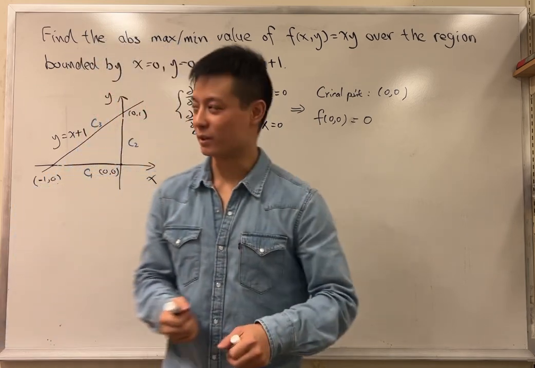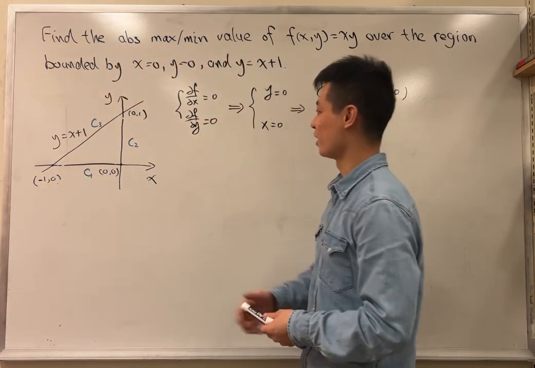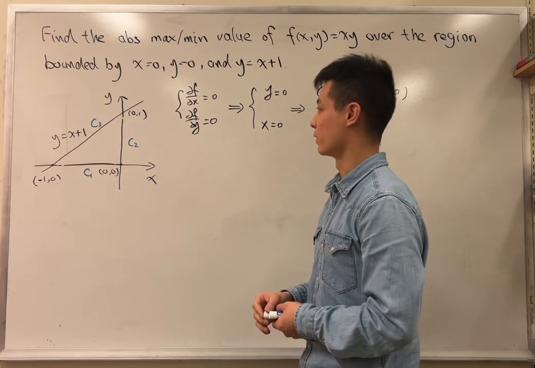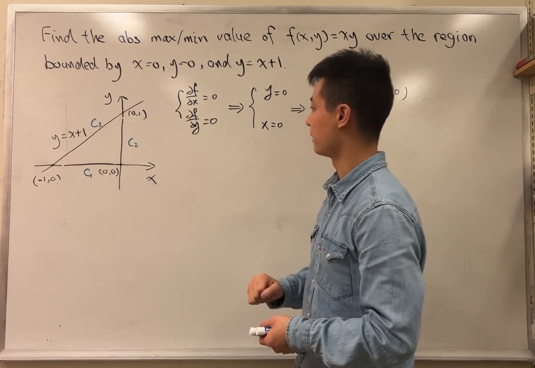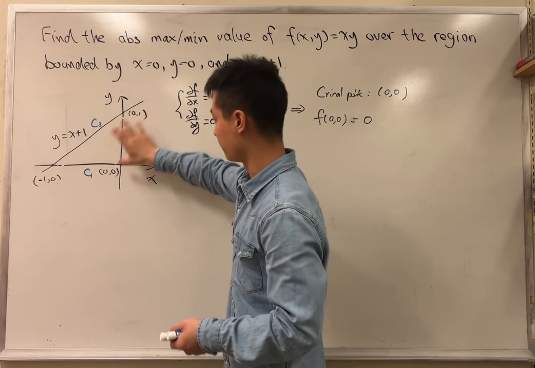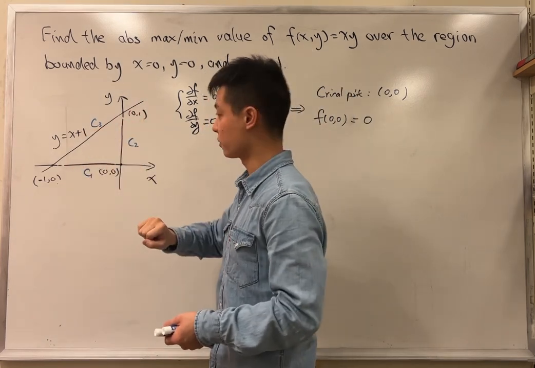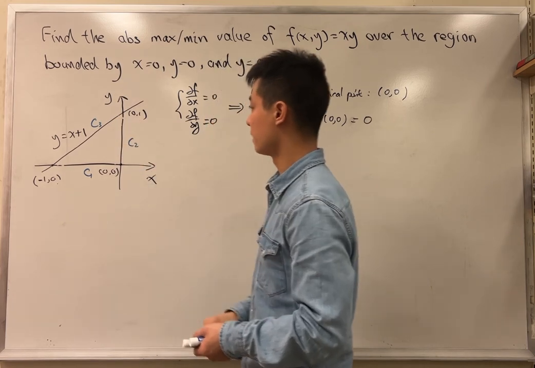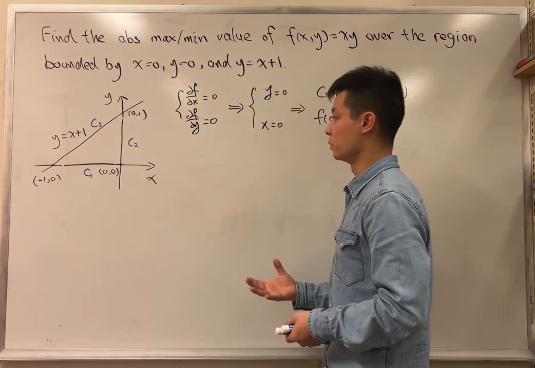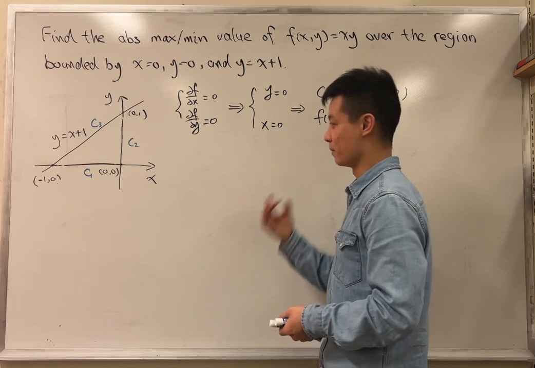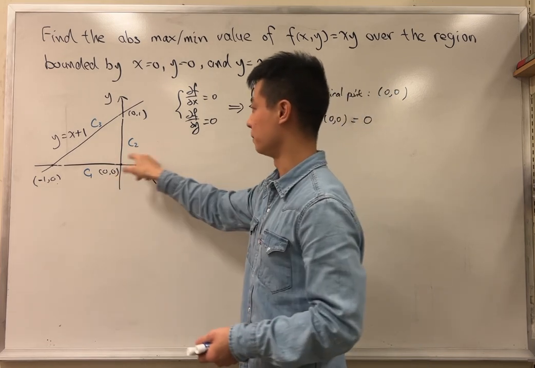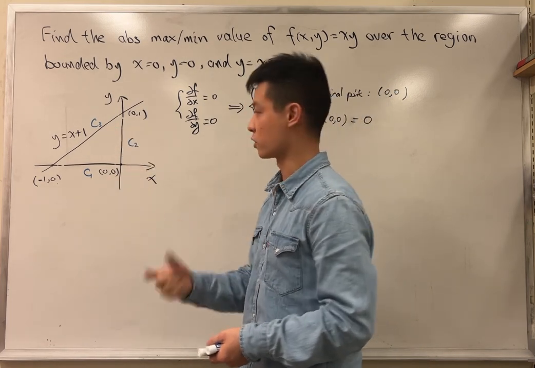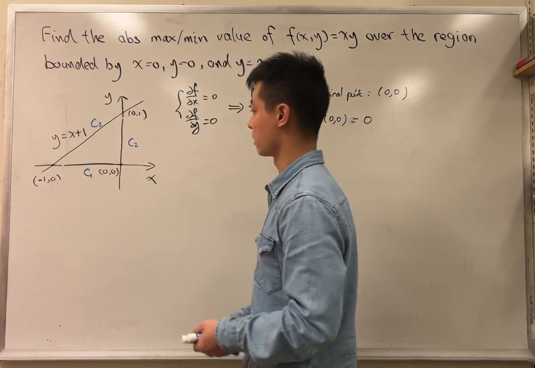Next we need to take a look at the boundary of the region. The region is bounded by these three line segments, denoted by C1, C2, and C3. We're going to find parametric equations for each of them, and then evaluate the function on each of the line segments.